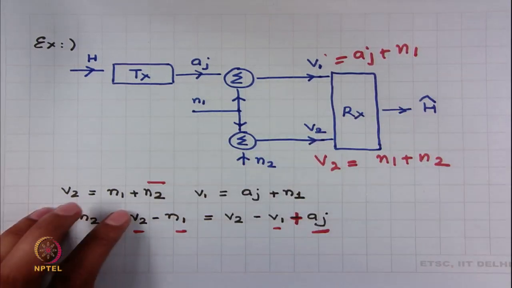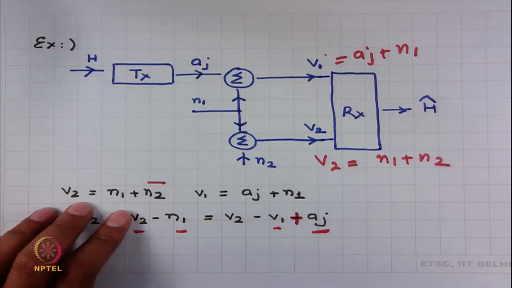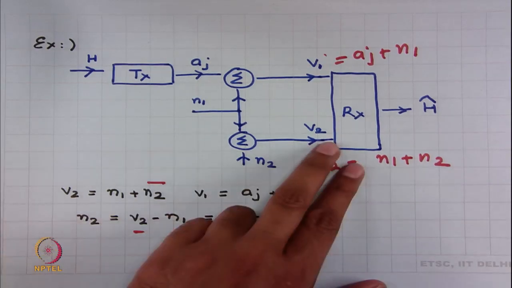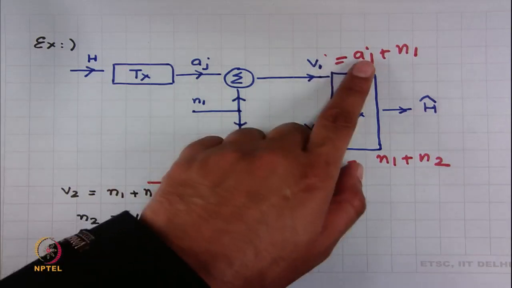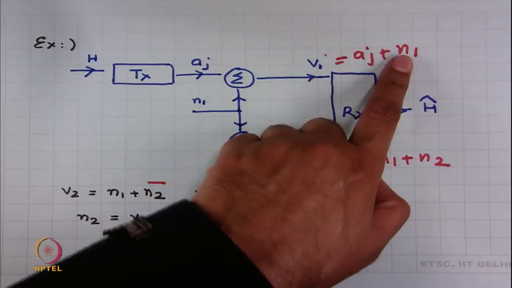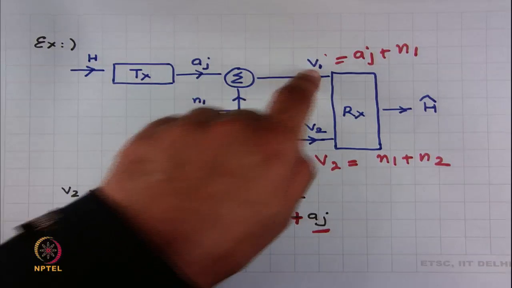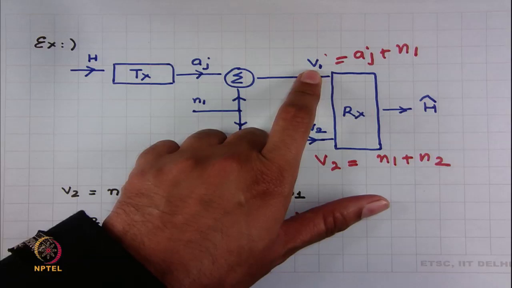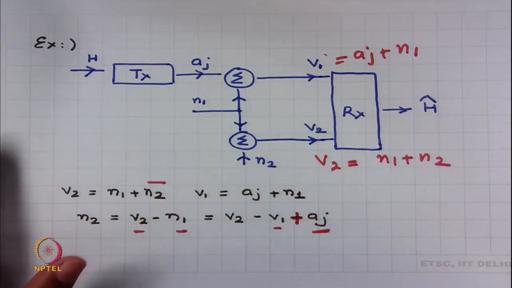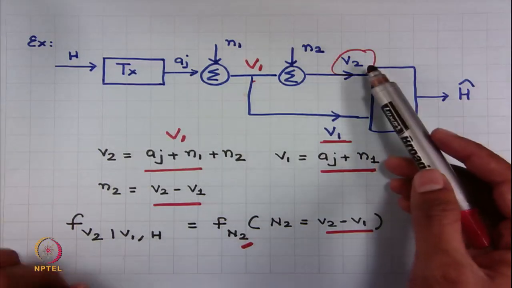Intuitively you may feel that by looking at this random variable I can learn about this N1, because this V2 is N1 plus N2, and this V1 also has N1. So, I have a better chance of finding out about the hypothesis. So, intuitively also you can understand these things. Let us look at the other examples, whether intuitively we can find out about these things.